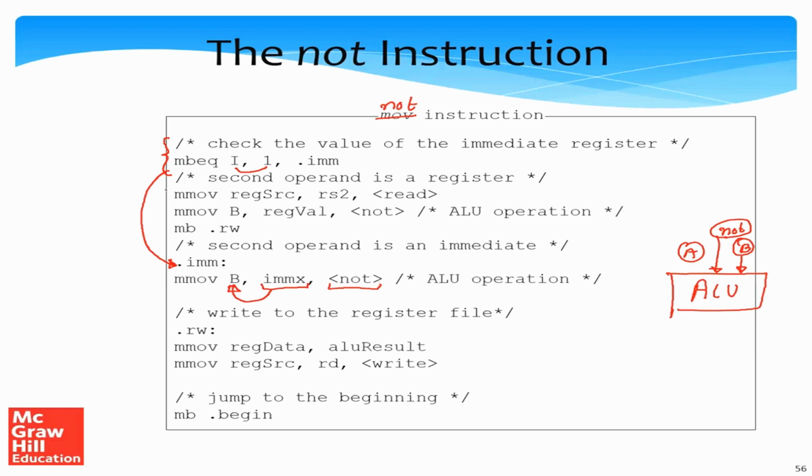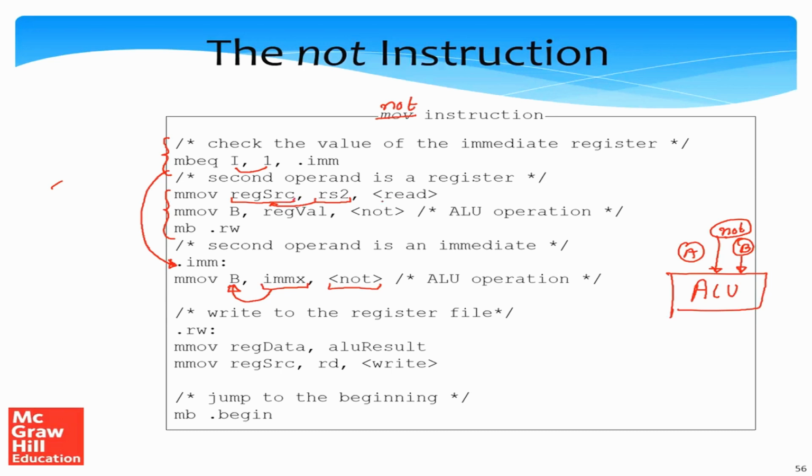However, if the second operand is not an immediate, it is a register, we need to do something else, which is that we need to access the RS2 micro register, which contains the ID of the source operand. This is a register ID, so this needs to be transferred to reg source as we have been doing.